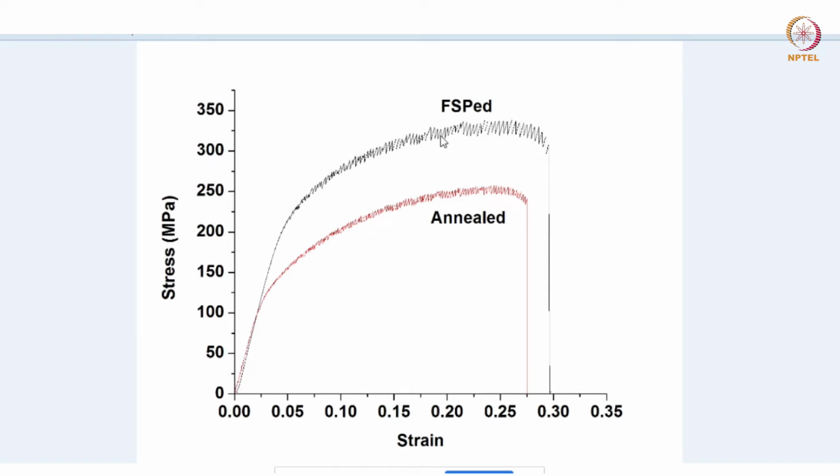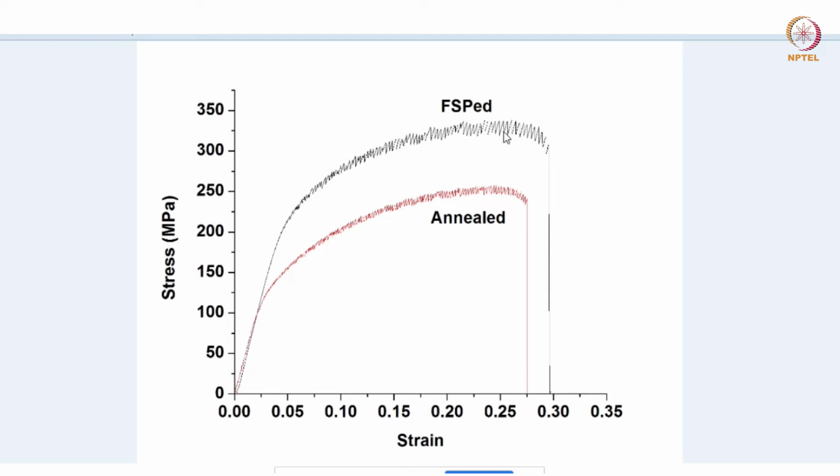Okay, so this is what we are talking about here. When the DSA is occurring, the stress strain curve will no longer remain smooth like you would have seen for many other materials. Rather, this kind of serrations will appear in the plastic region of the stress strain curve.